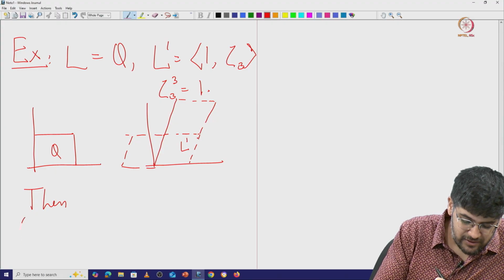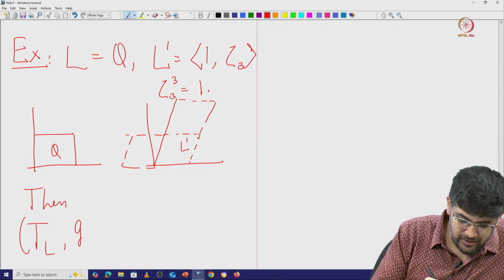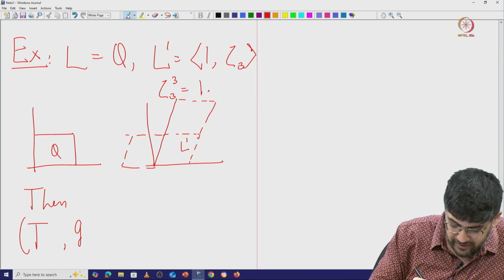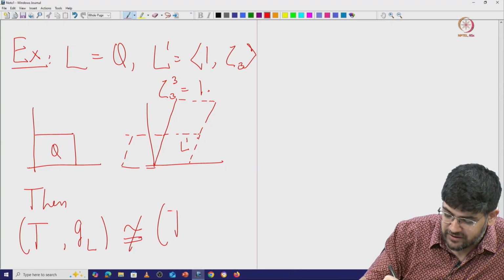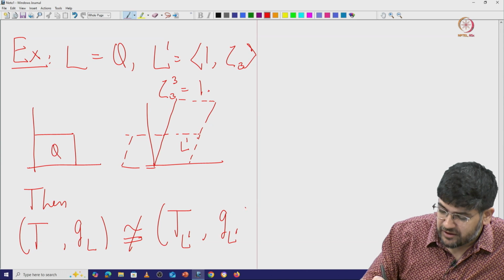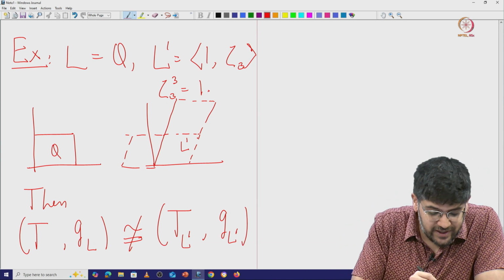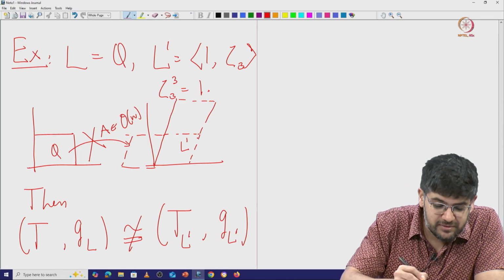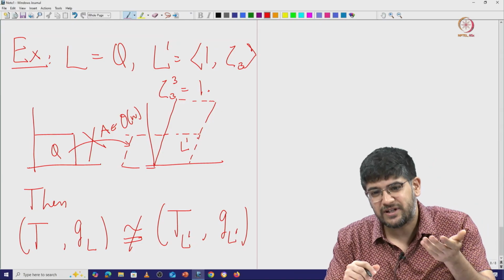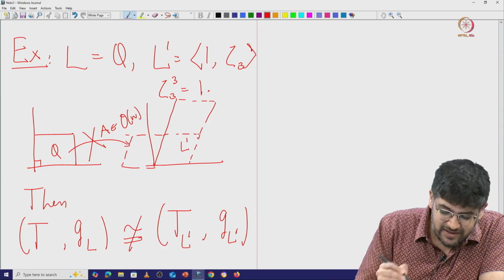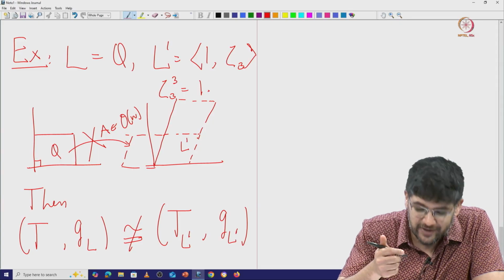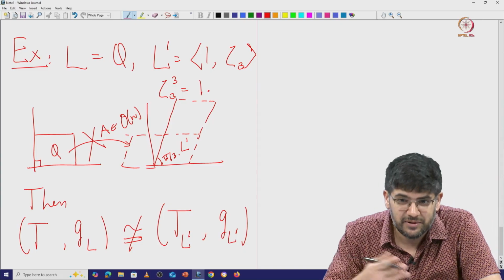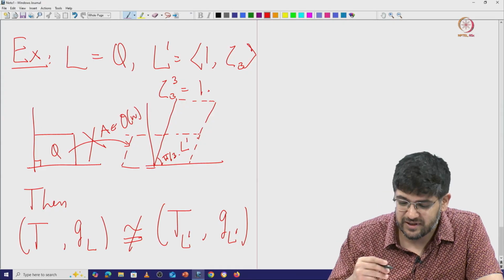Then the corresponding Riemannian manifolds cannot be isometric. Why? Because there cannot be an orthogonal transformation taking the lattice L to the lattice L prime, because orthogonal transformations preserve angles. The angle between the two basis vectors in this lattice is 90 degrees, whereas here it will be 60 degrees. So these are two genuinely different Riemannian manifolds.